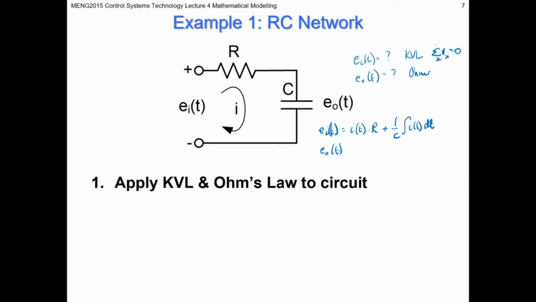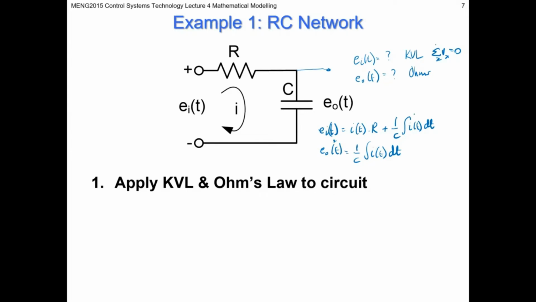On the output side, the output voltage is just the voltage across this capacitor here. So on the output side, we just have 1 upon C integral I(t) dt. Having done that, we've got the equations, which are basically differential.